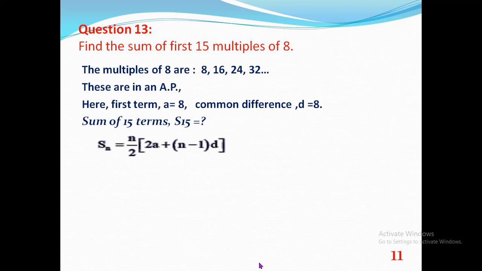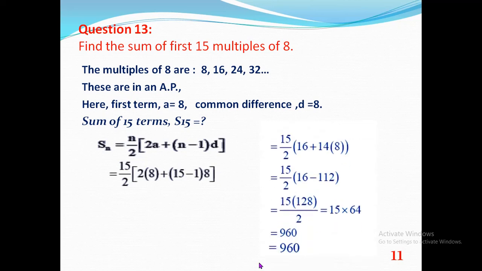So write the formula again. Sn equals n by 2 into 2a plus n minus 1 into d. That is 15 by 2 into 2 into 8 plus 15 minus 1 into 8. All the other steps will be following like this. It is easy. So 15 by 2 into 2 8s are 16, plus 15 minus 1, that is 14, into 8, that is 112. 16 plus 112 is 128.